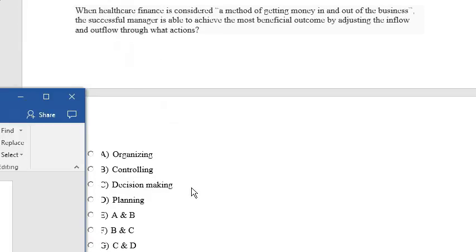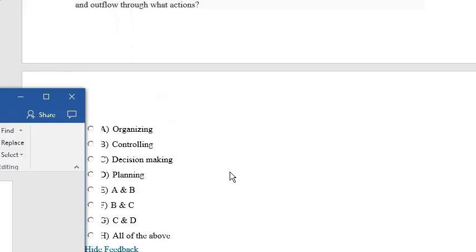The inflow and outflow of money, basically. Well, organizing, true. I think that's controlling, yes. Good decision making, absolutely. Planning, yeah, critical. So those are kind of all the essential fundamentals for financial management.